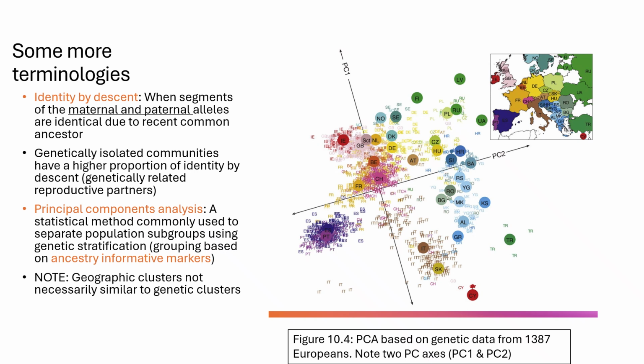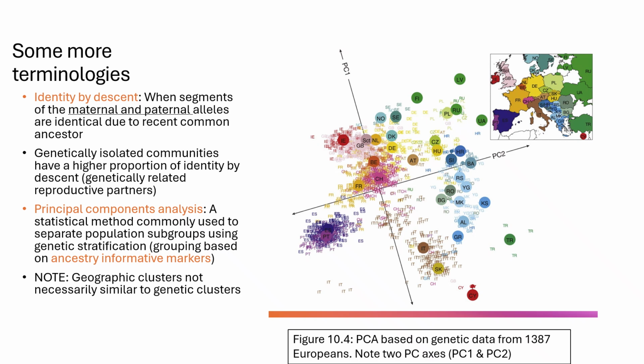The mother might have also been an asymptomatic carrier, but if the child inherits both those identical segments, then they've got one pathogenic variant from the father and another pathogenic variant from the mother, and hence the child can have a recessive disorder. And when there are lots of people within the population with this identity by descent, there is a higher proportion of certain recessive disorders. Genetically isolated communities have a higher proportion of identity by descent, i.e. because of genetically related reproductive partners.